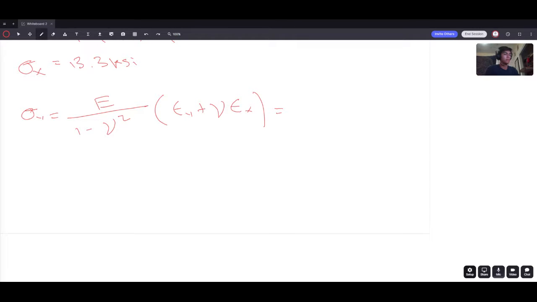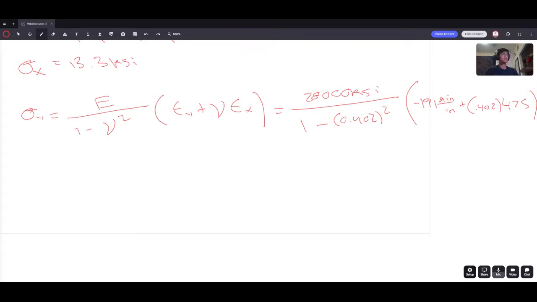Plugging in, that's 28,000 KSI over 1 minus 0.402 squared, times negative 191 microinch per inch, plus 0.402 times 475 microinches per inch, all times 10 to the negative 6.